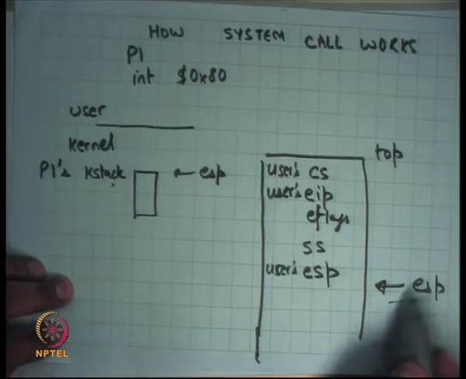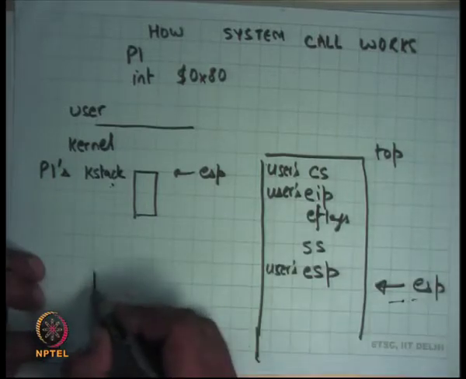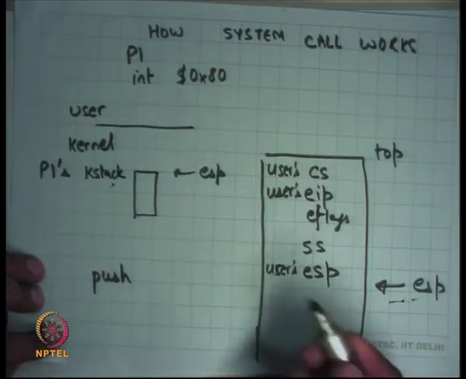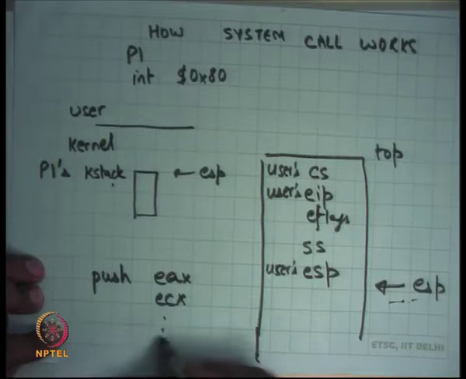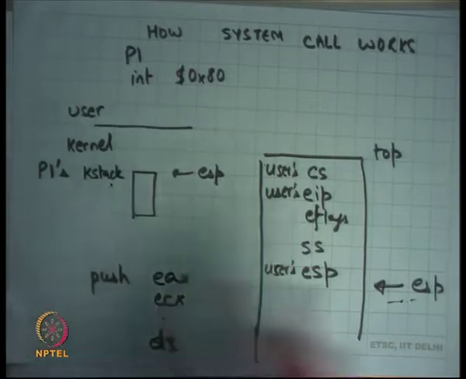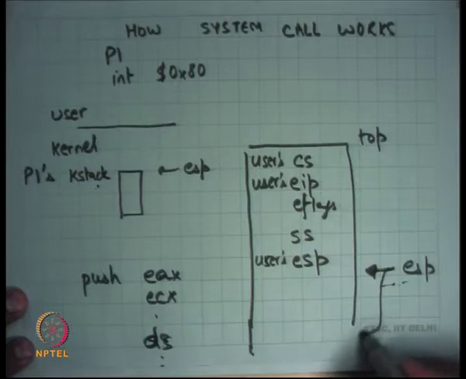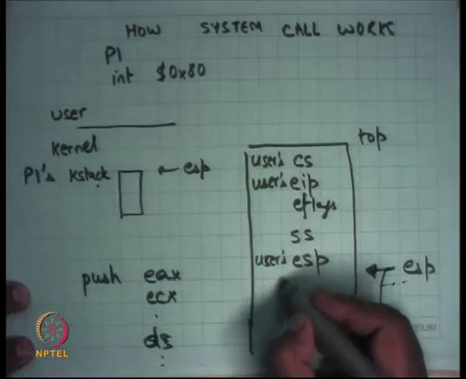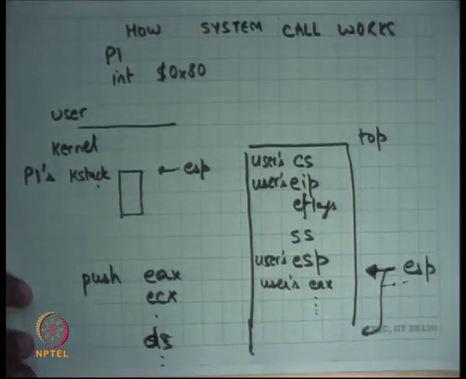At this point, the handler gets called, and the first few things it does are to execute instructions like push other registers. Let's say push EAX, ECX, other segment registers, let's say SS, DS, and so on. So it pushes all these registers, and eventually ESP comes here, and you have, let's say, the user's EAX and so on on the stack.